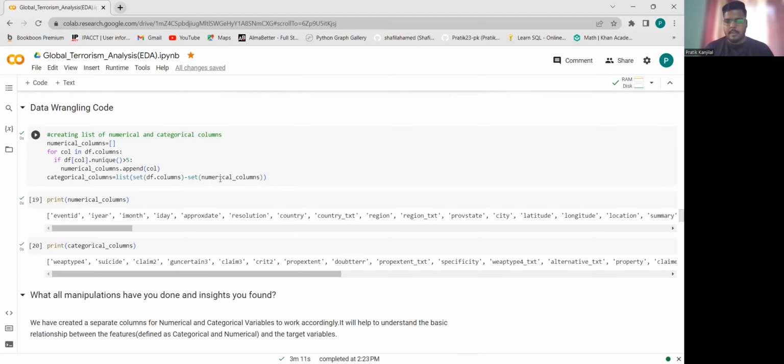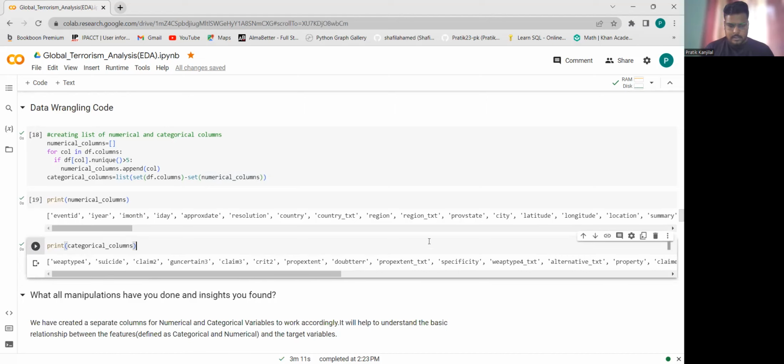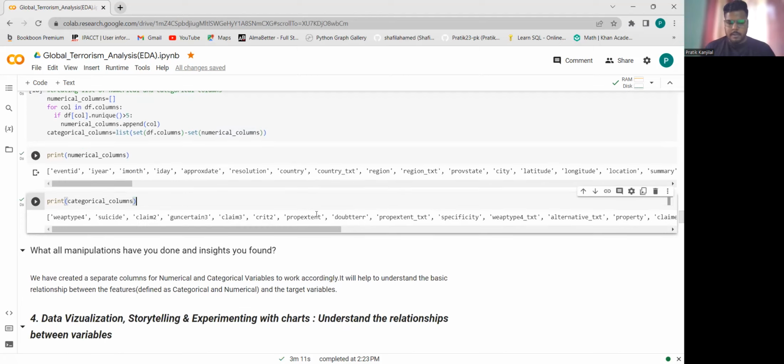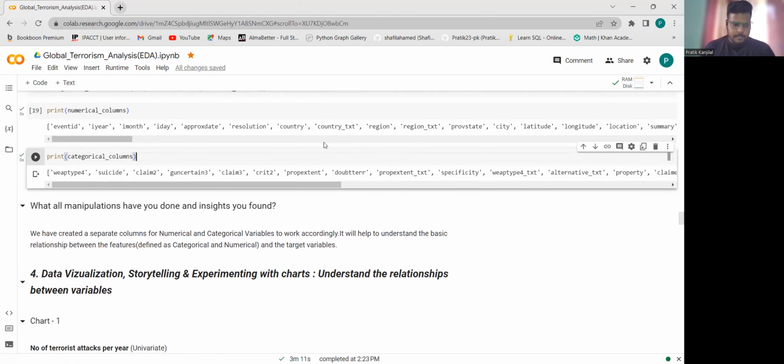Numerical columns have all the data as numbers. Categorical columns have some 2-3 categories of values which are repeated throughout the data set, though there might be more than two. We are going to find out what those are.